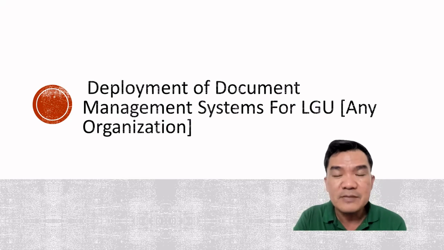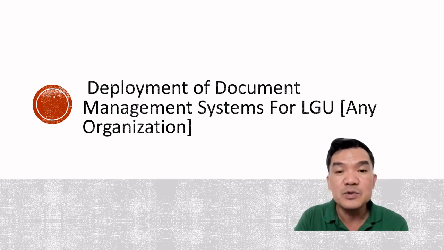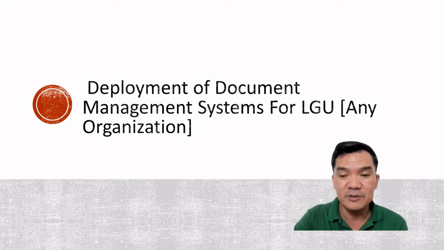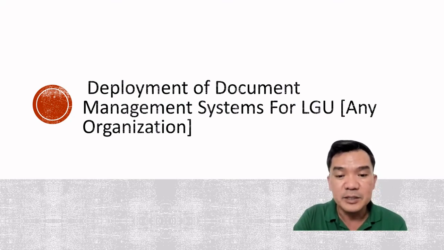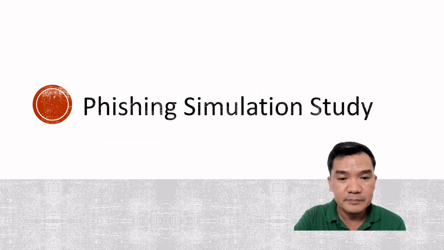Specifically, we will not program, but we will reconfigure the existing Greenstone library system and use it to store their existing documents, so it would be easy for them to search their documents or the different issuances by the local government unit or any organization.